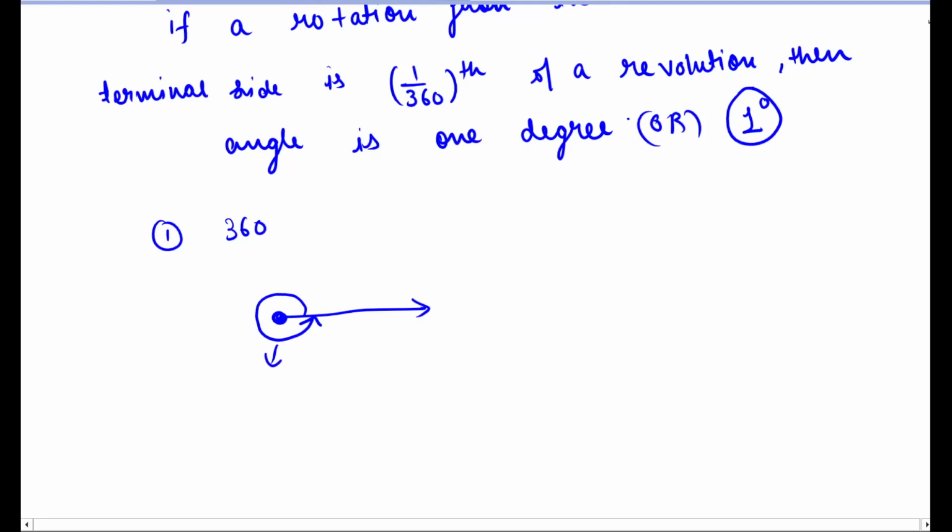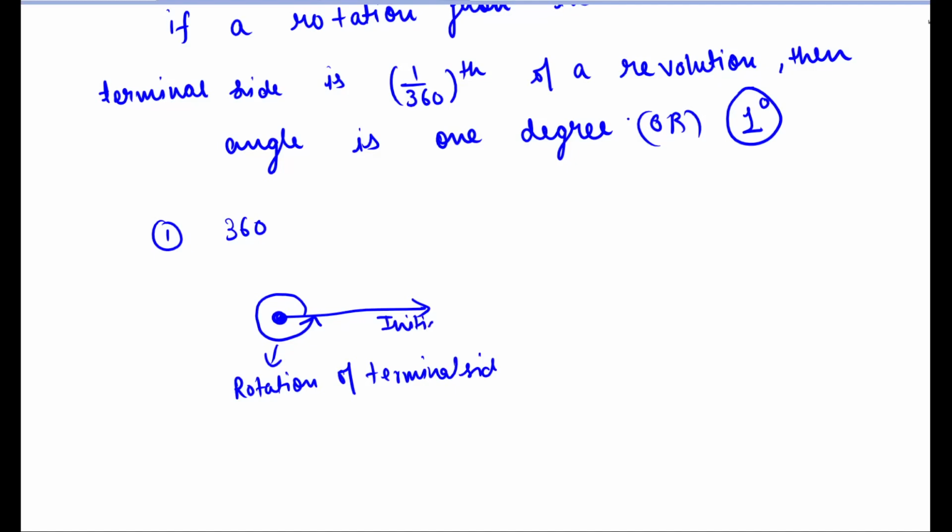This arrow indicates the rotation of the terminal side. So the initial side and terminal side are both the same. So this measure we write as 360.